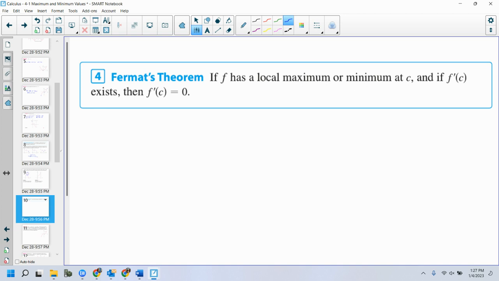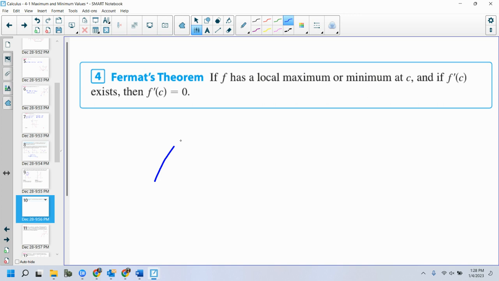It says that if f has a local maximum or minimum value at c, and if f prime of c exists, we're bringing in derivatives now, then f prime of c is 0. That's a very, very, very big statement right there. It says that if a local maximum or minimum exists, then the derivative is 0.